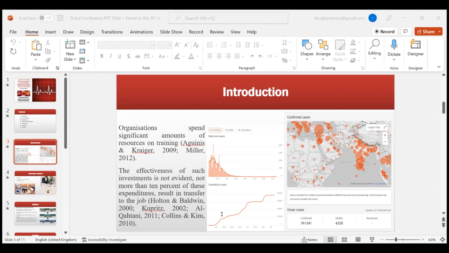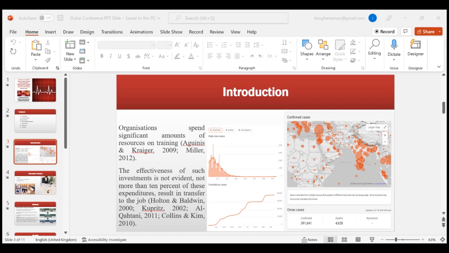We also see that organizations can reap advantages from this training, like high productivity as well as organizational performance, but only if this training is effective. If the training is not effective, there is no way the organization can reap them.